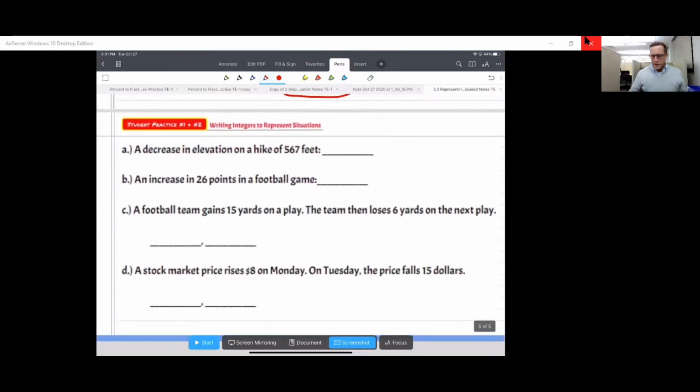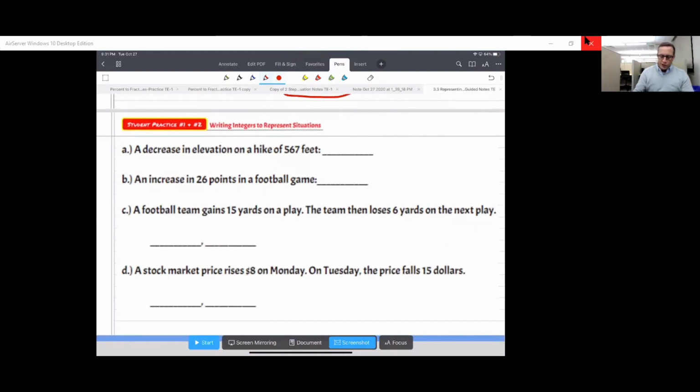Now, what you can do right now is if you want to pause the video and just do these on your own, and just make sure you know what these are. But I bet you guys are not having too difficult of a time understanding the difference between a positive and a negative number, especially in real life situations. So go ahead and pause it. When you're ready, unpause it and go through.